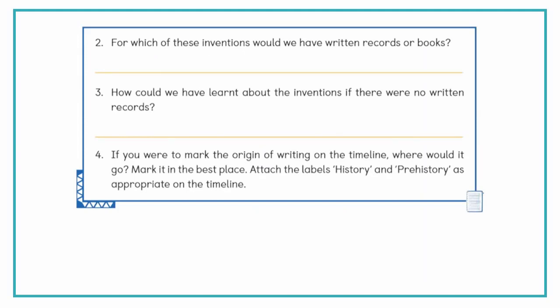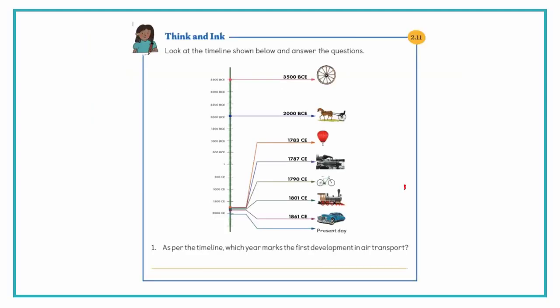For which of these inventions would we have written records or books? Could you tell? When was the first writing invented, children? 3200 BCE. So of all these, how many are before 3200 BCE, and how many are after 3200 BCE, children? Come on, think.